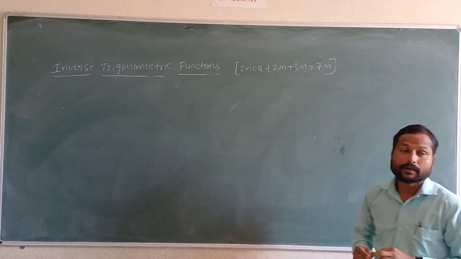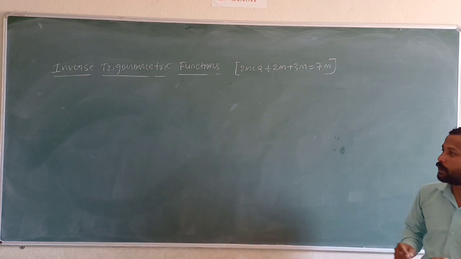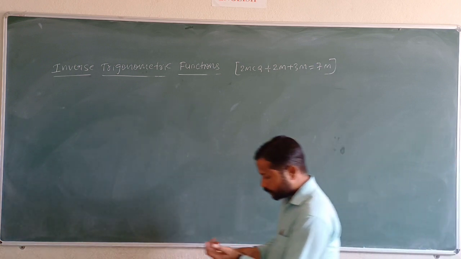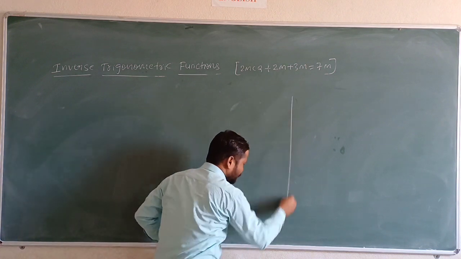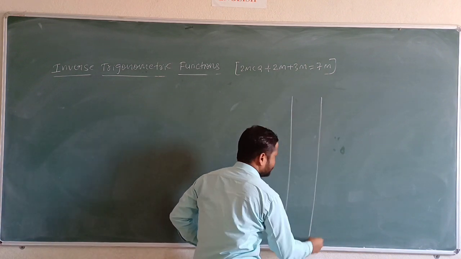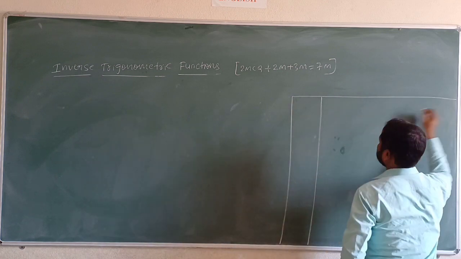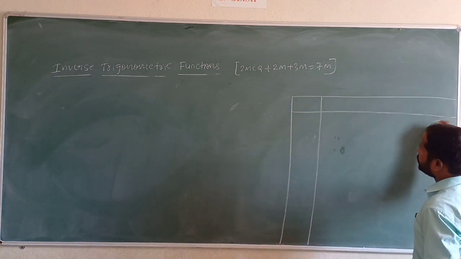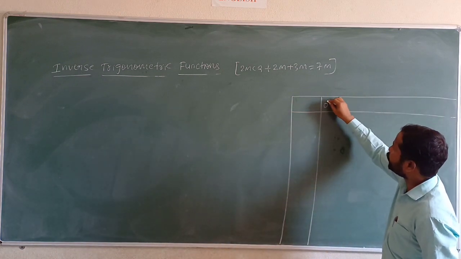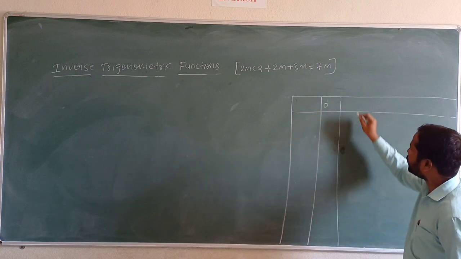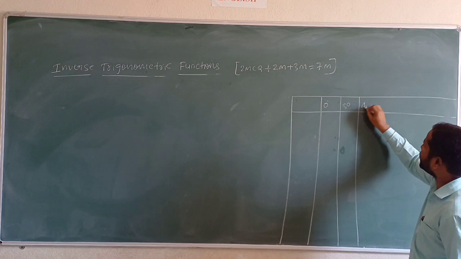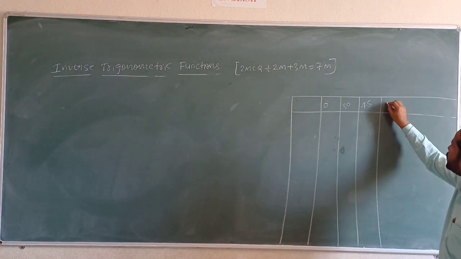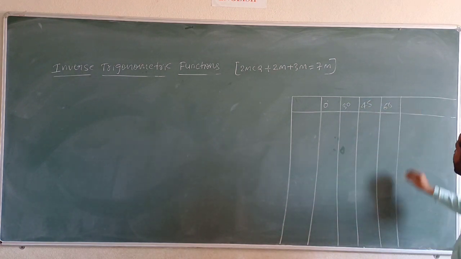Go for the tables now. Right? The trigonometric angles now. Take the first one. See now, it is 0 degree, then after that 30, next is 45 degree, next 60, next 90 degree.